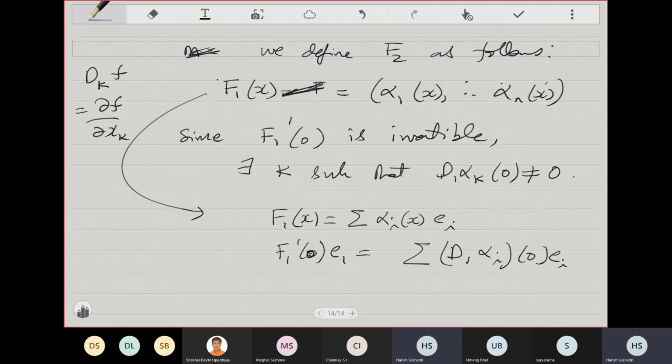This we have proved earlier. All I'm saying is that this is a fancy way of saying that if you look at the derivative matrix, f1 prime 0 acting on e_1 is just the first column of the derivative matrix. And what is the first column? You take all the component functions and differentiate them with respect to the first variable.